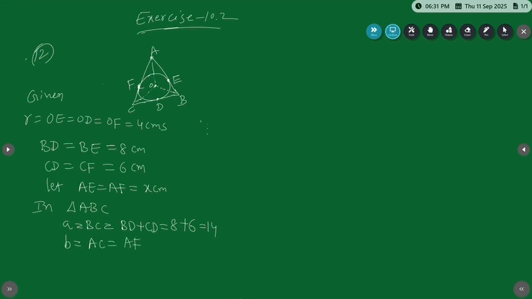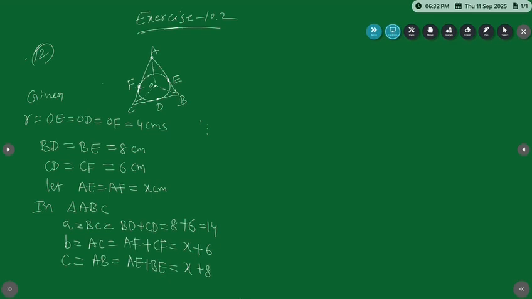I write AF plus CF, that is X plus 6. Small c is the side opposite angle C, that means AB. I write AE plus BE, that is X plus 8.